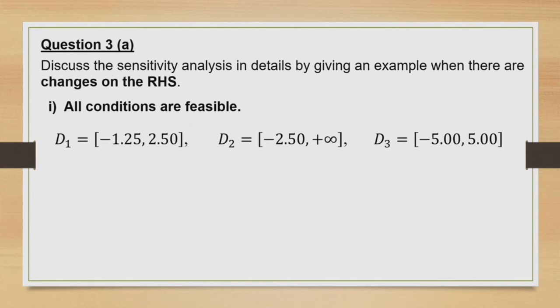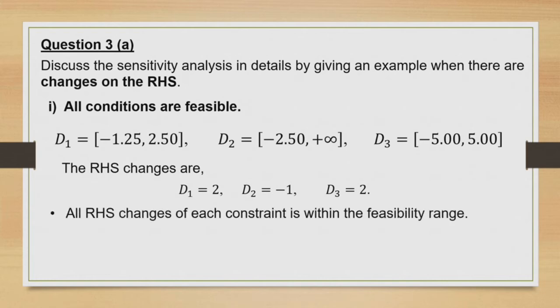For the last condition, which is D3, the feasibility range is less than or equal to 5.00 and greater than or equal to negative 5.0. The right hand side (RHS) changes are D1 equal to 2, D2 equal to negative 1, and D3 equal to 2.